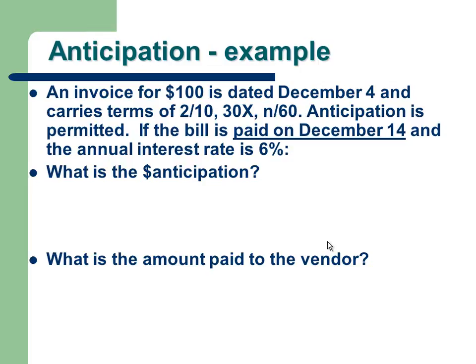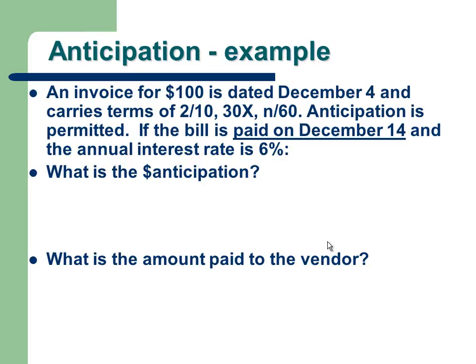And you pay the bill on December 14th, which is 10 days after the invoice date. The invoice was December 4th, right? So you have a total of 40 days for cash discount, but you paid 10 days from the invoice date. So you've used up 10 days out of the 40 days of cash discount before you pay the bill.